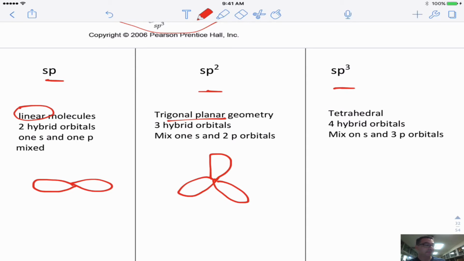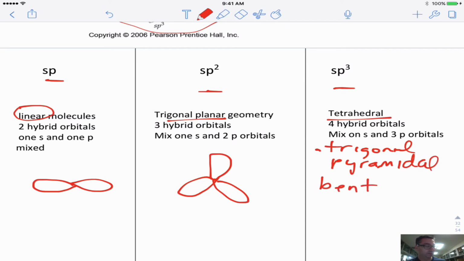And if you're sp3, you will have a tetrahedral molecule or trigonal pyramidal. Or you could be the bent with the 2 and 2 up in the chart, and then that one will be like this. And that's tetrahedral. So what you need to know about the hybridization is this is the shape, and this shape corresponds to this hybridization. That's what you really need to know.